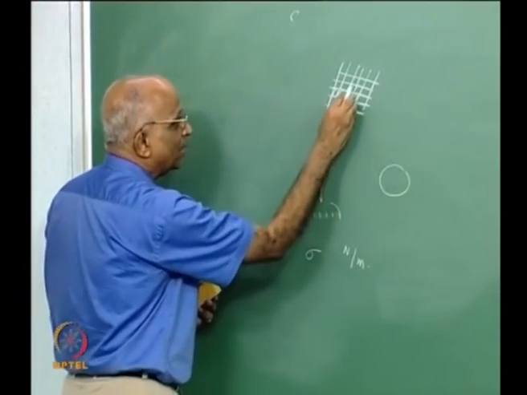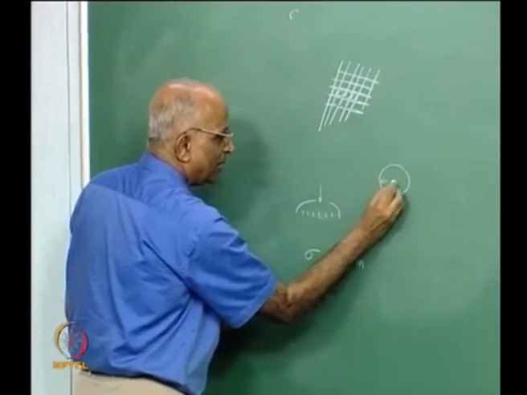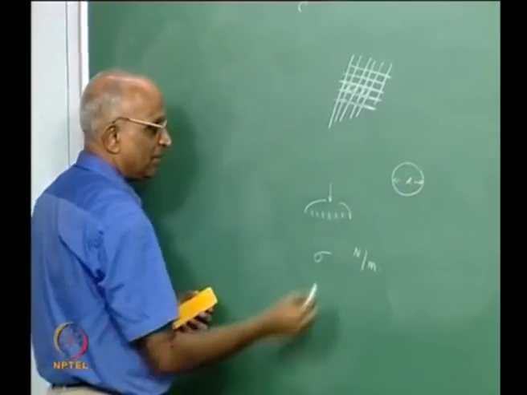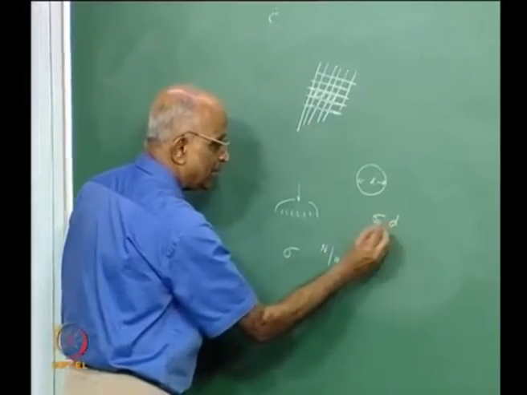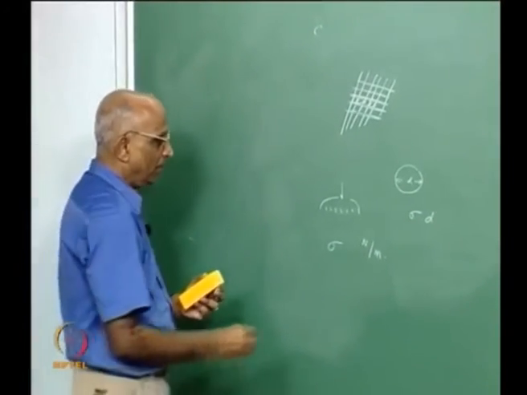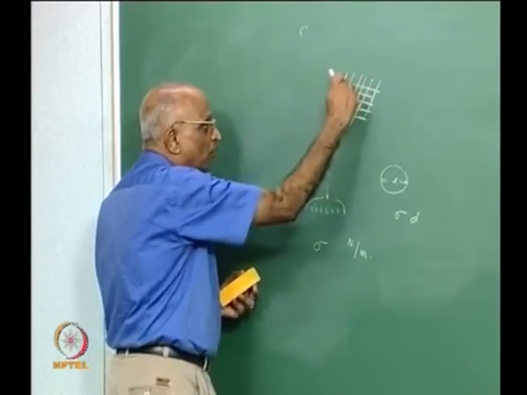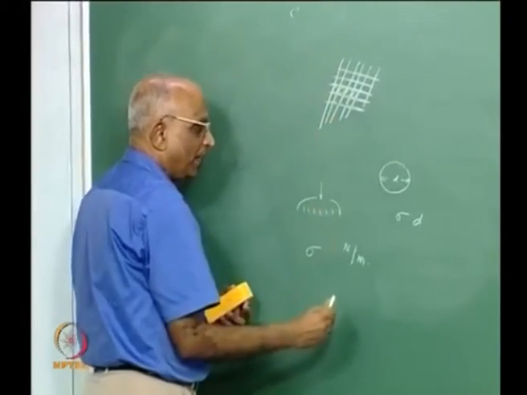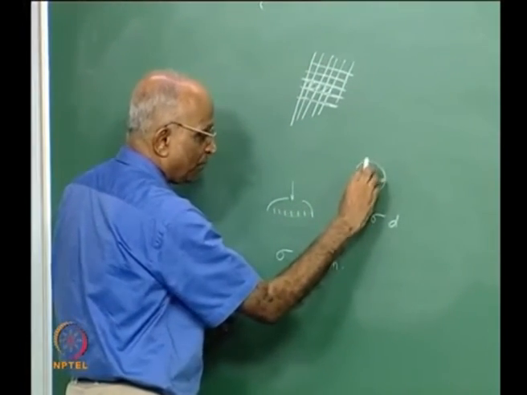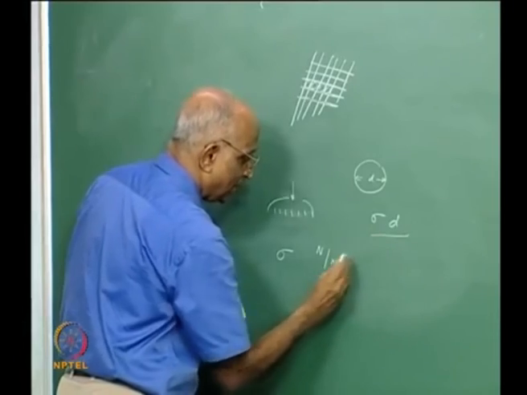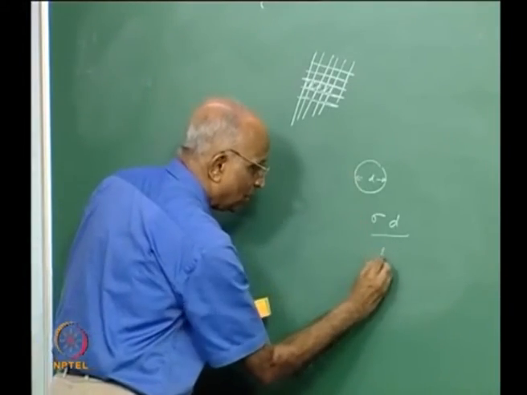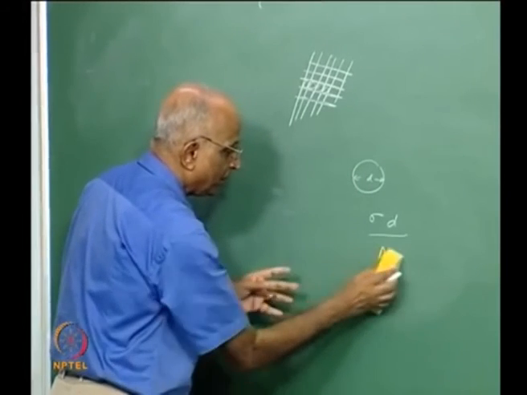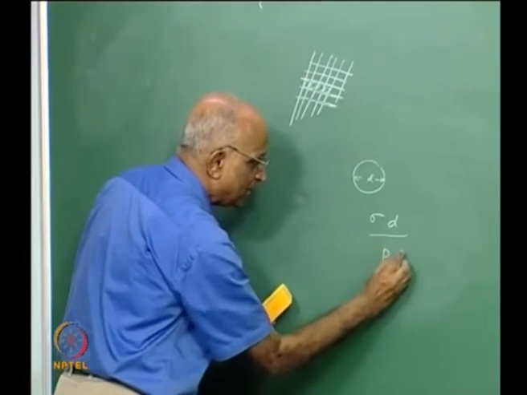Let me take an individual hole, the diameter is d, and the surface tension is sigma, Newton per meter, times d is the value. Now I push air into it, the force of the air being pushed in is equal to P times pi by 4 d square.